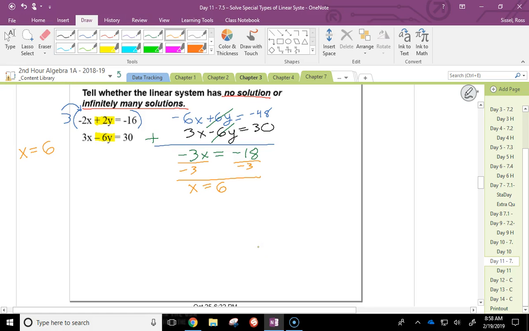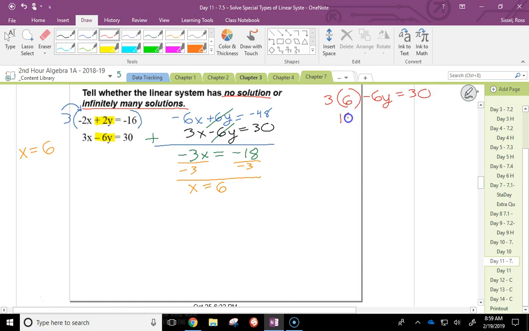Because I got x equals 6. We have to solve for y. How do I solve for y? Aiden? Good. 6 in for x. So I'm going to say 3 times 6 minus 6y equals 30. You just go to any one of your equations and you substitute the x in.